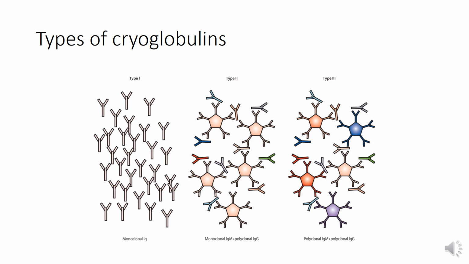Type 1: isolated monoclonal immunoglobulins, generally associated with hematological neoplasm. Type 2: mixture of monoclonal immunoglobulin M and polyclonal immunoglobulin G. And type 3: mixture of polyclonal immunoglobulin M and G.